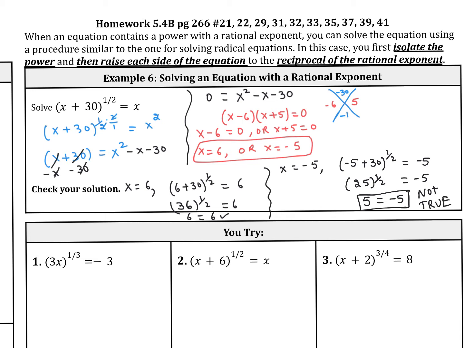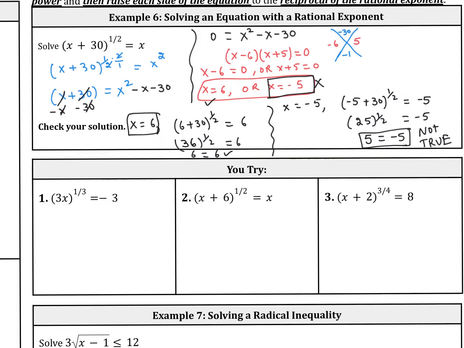So we have only one answer, that is x equals 6. X equals -5 is not going to be your answer, because when we plugged it into the equation, it came out false.